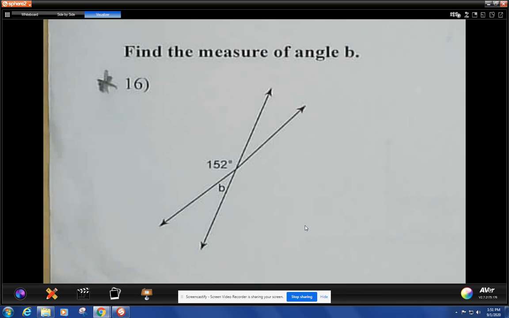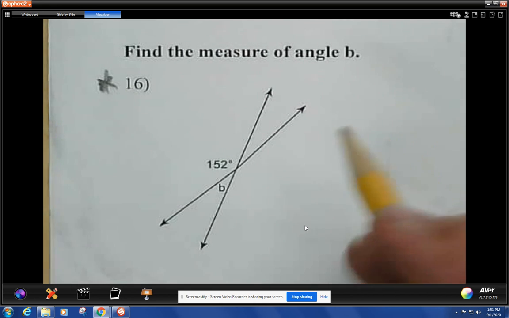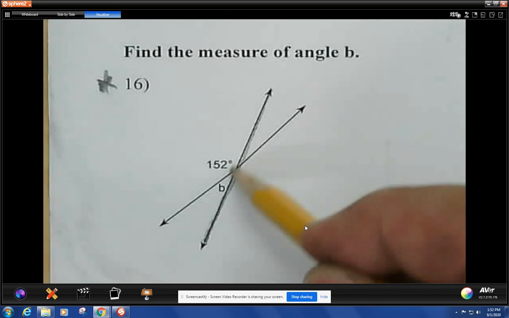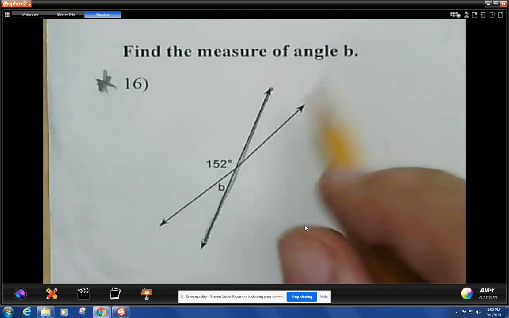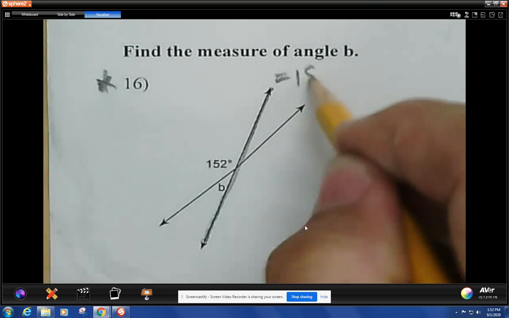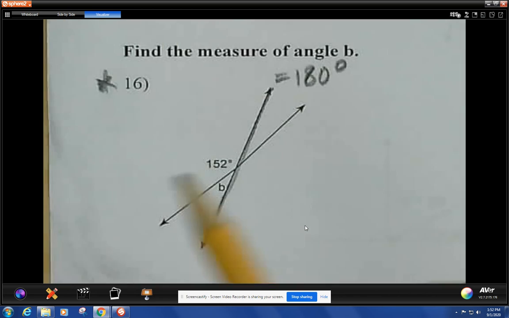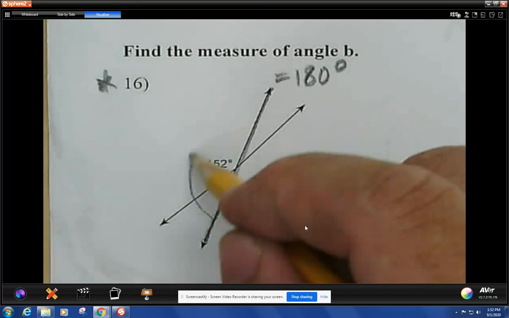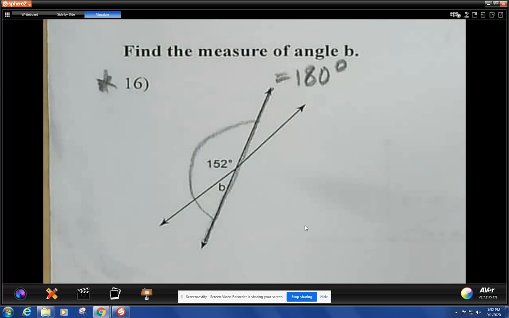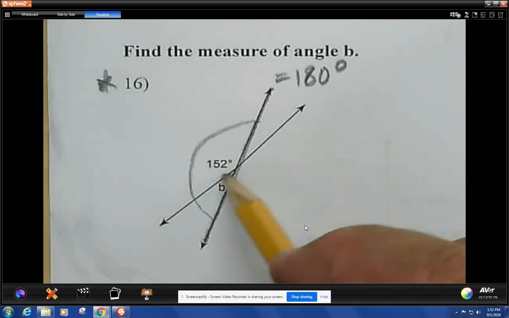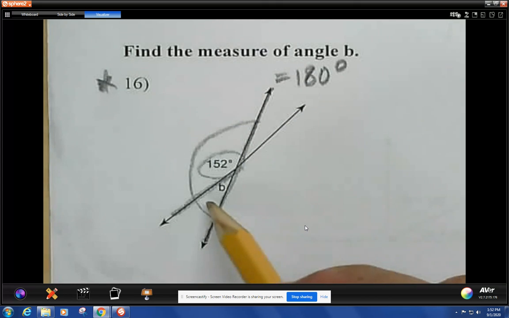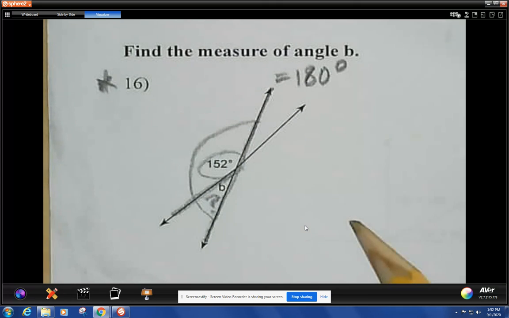All right, so let's move on to number 16. 16 again says find the measure of angle B. Now let's look at this really closely again, because right here, if you will notice, I have that straight angle showing up again. We know that a straight angle is equal to 180 degrees. So if this whole thing right here is 180 degrees, and this particular part of the angle right here is 152, how would I find out what this B right here is?